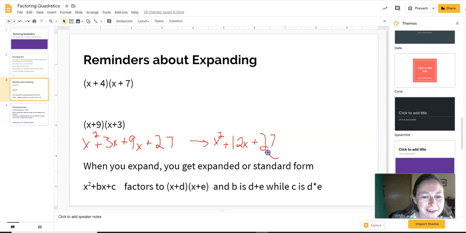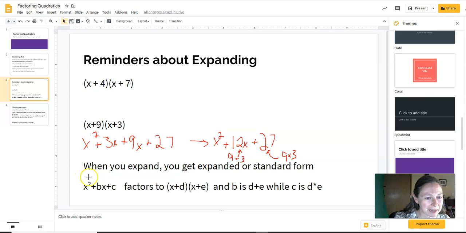This number here, that's 9 times 3. And this term here, that's 9 plus 3. So there definitely is a pattern that we can use to refactor if we just recognize this pattern between the middle term and the last term.